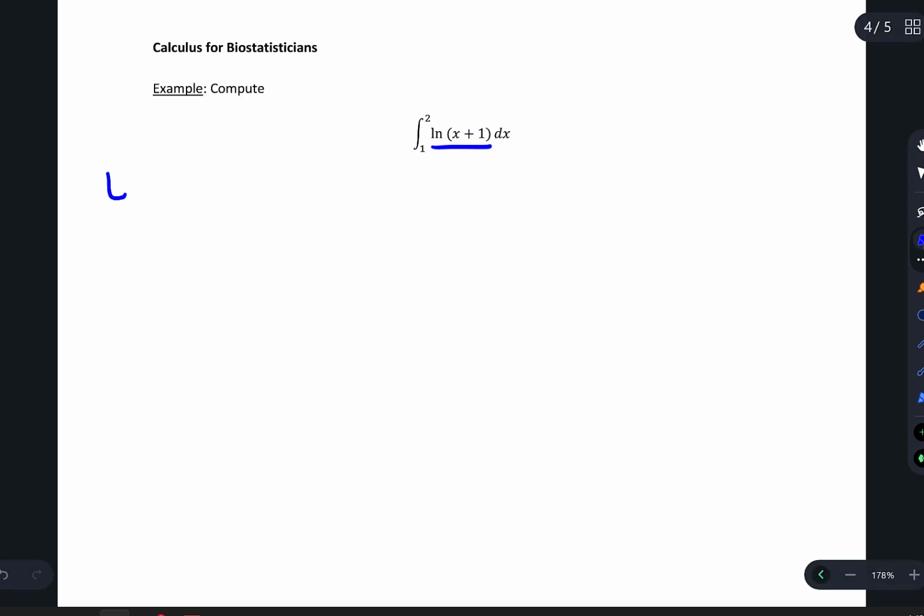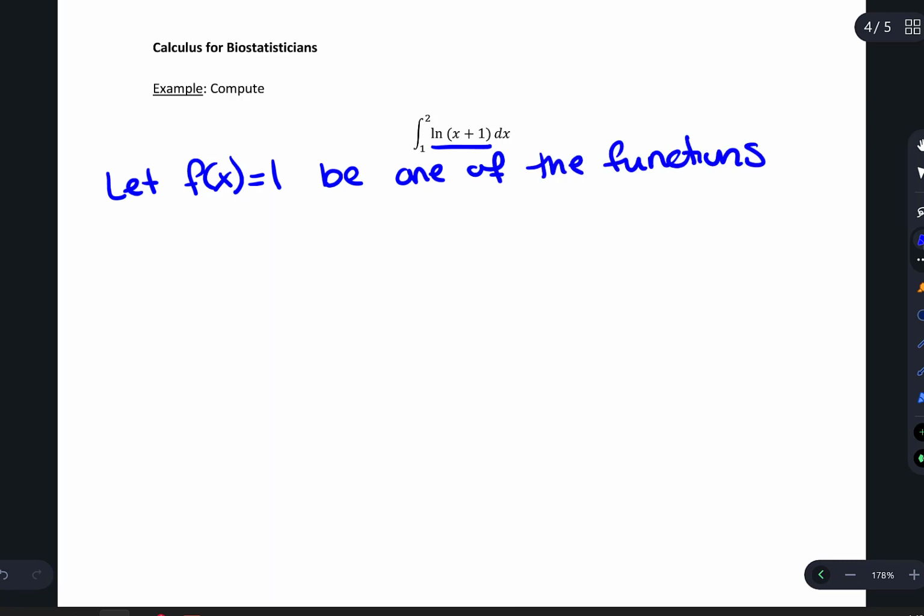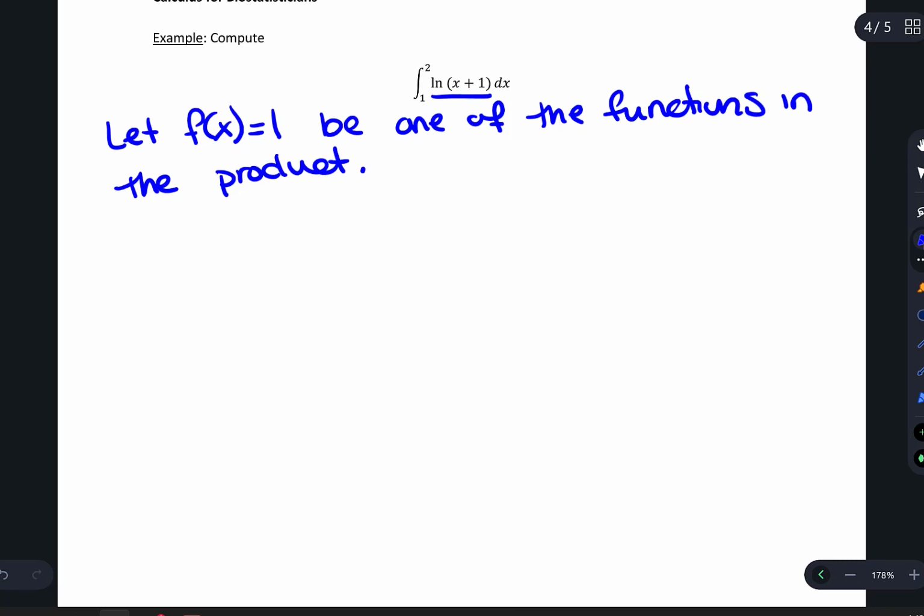So we're going to let f of x equal to 1 be one of the functions in the product. Okay. So here we're going to have u is equal to the natural log of x plus 1.